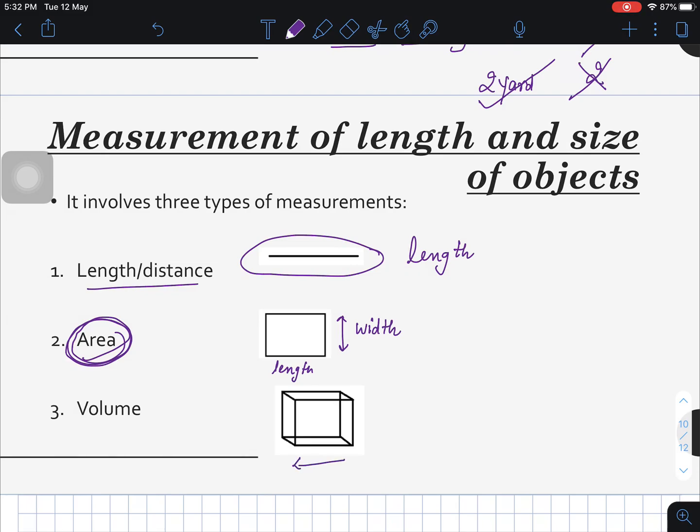ठीक है, but if something is having length, then something is having width also. मान लो this is the width, I should write here. This is the width, कि वो कितना चौड़ा है, and there is height also.